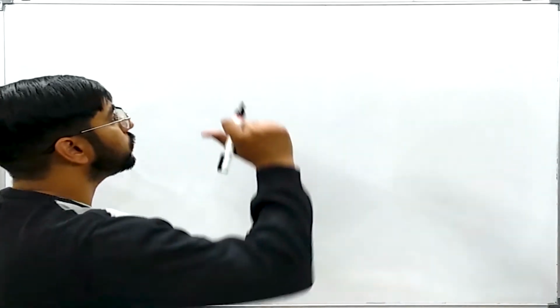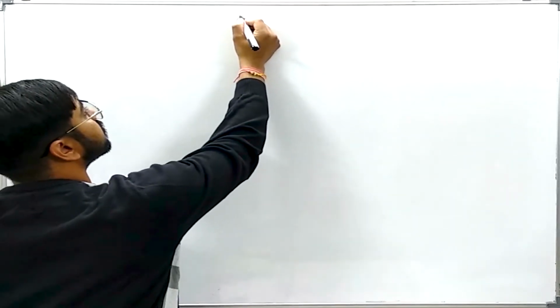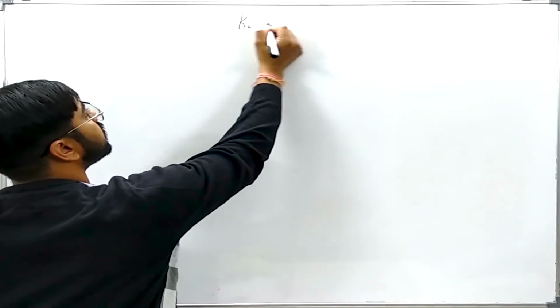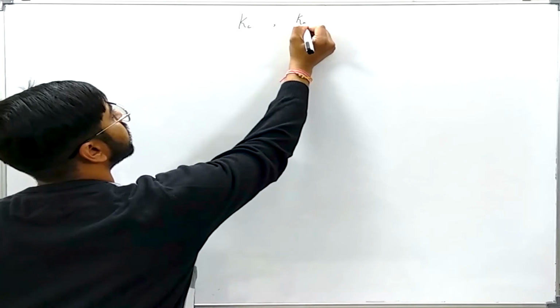We have already seen a hint of that thing in our lecture number 127. That is, in lecture number 127, I have used two items. One is Kc and other is Kt.